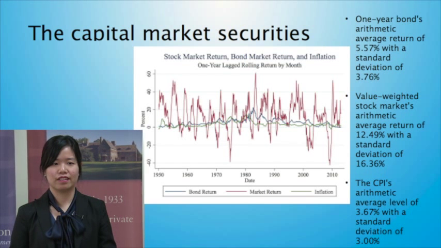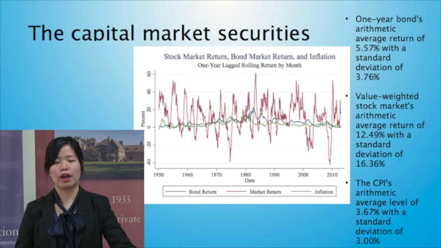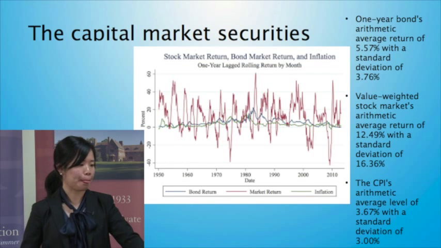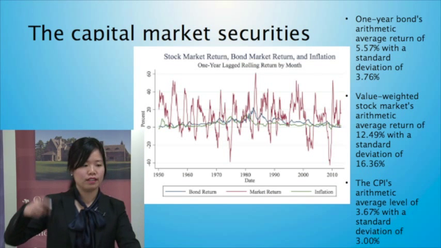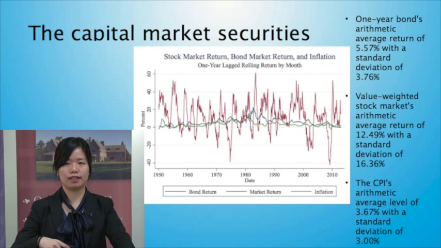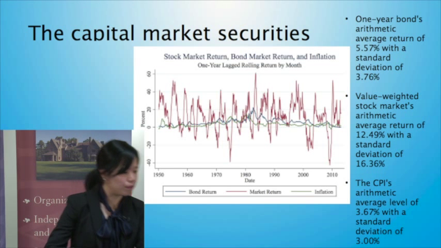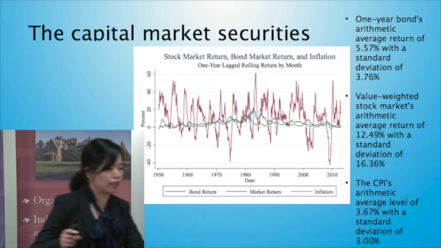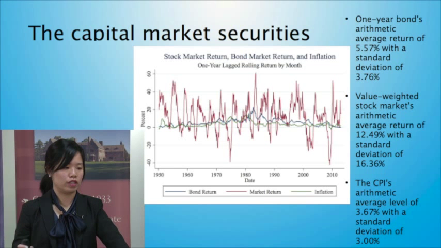Here's a graph that can clearly tell you why you want to do bonds, why you want to do stocks. The red line denotes stock returns. As we can see, it's very volatile. The blue line is the bond return. The green line is inflation.